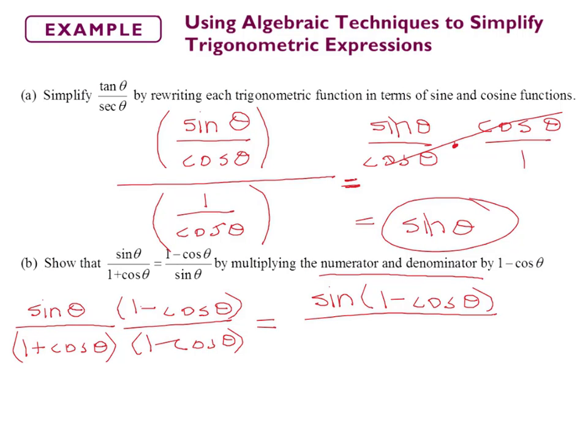Yeah, I think you have the right idea. You just wrote it wrong, Griffin. It's 1 minus cosine squared theta. Okay, yeah, I thought so.